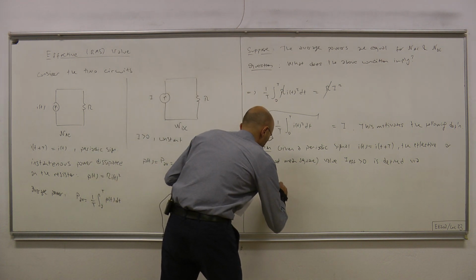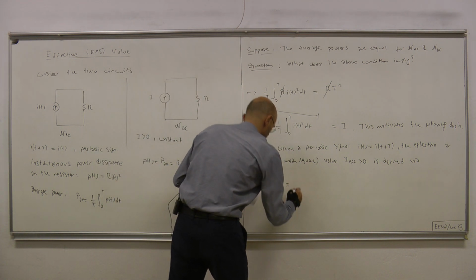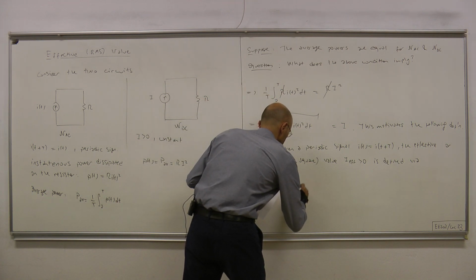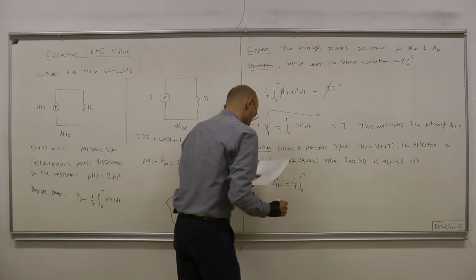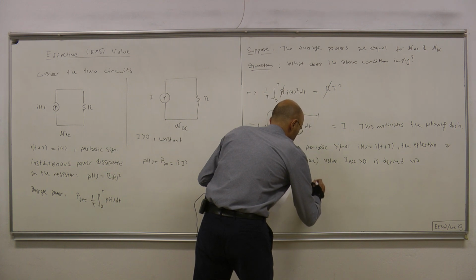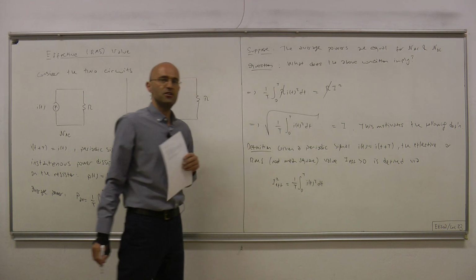I effective squared equals 1 over T integral from 0 to T of i(t) squared dt.